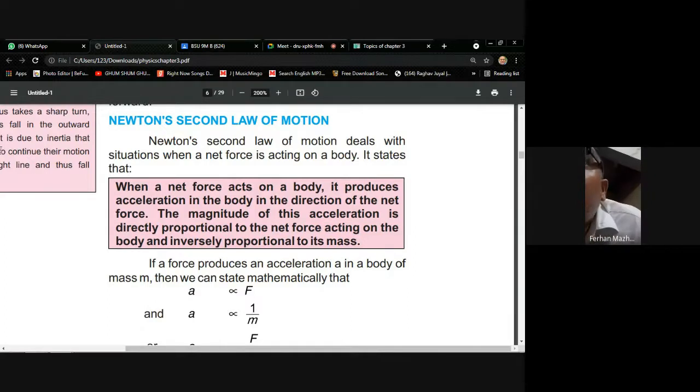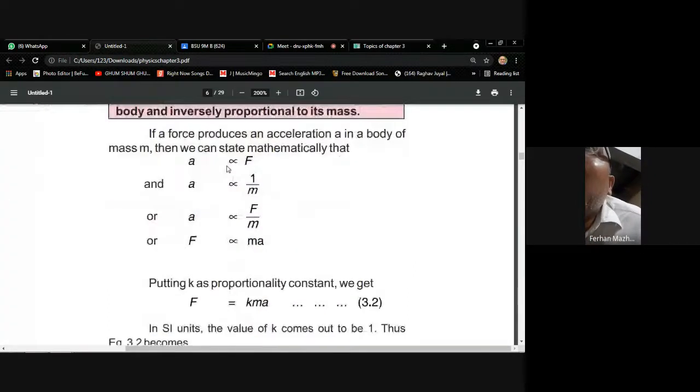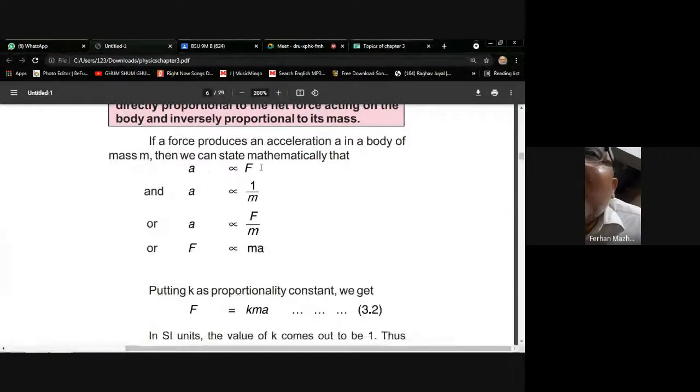You see, we can write this mathematically. So you can see this first sentence. This is how you say mathematically that acceleration is directly proportional to F: A proportional to F. And the second sentence is that A is inversely proportional to M. When we want to represent inversely, we write 1 by.